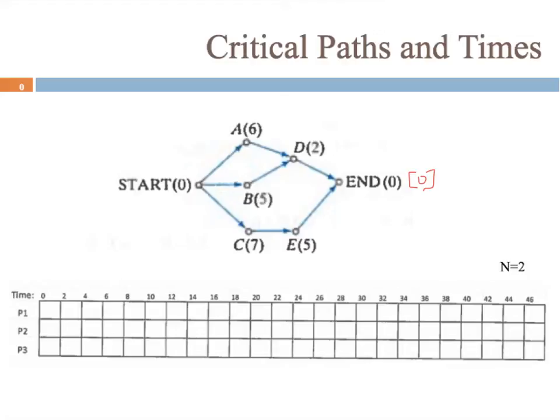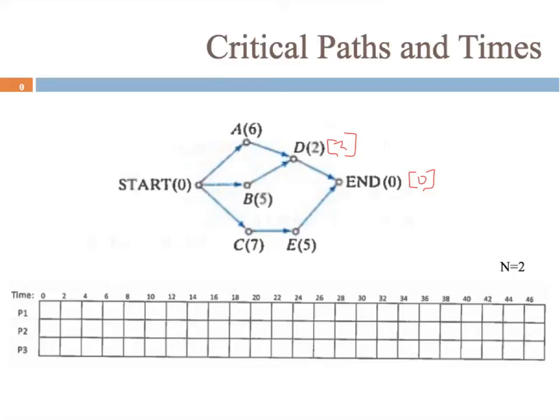So the critical time for D is only incident to the ending point, so we don't have to make that choice. We can just say 0 plus 2. So D's critical time is 2. Alright. And actually we're not going to run into that problem except at the starting point where we have to choose.